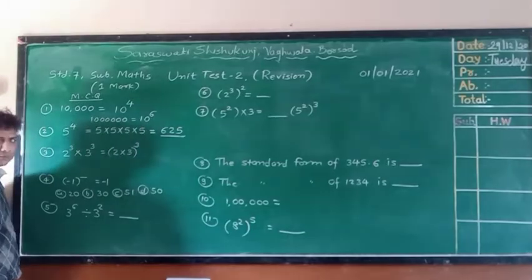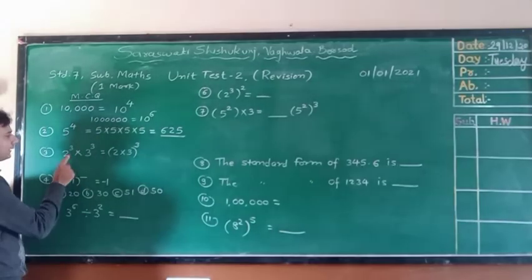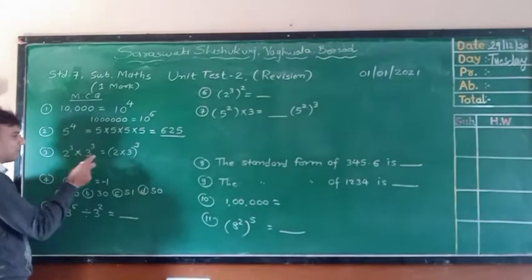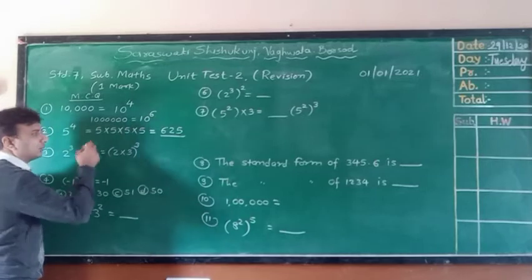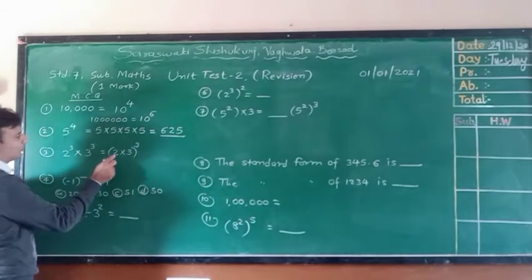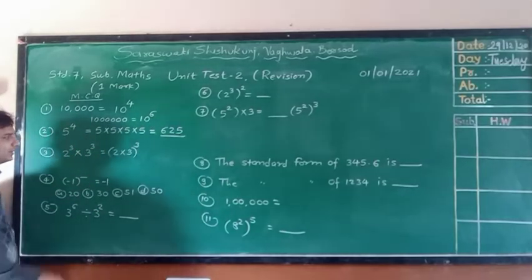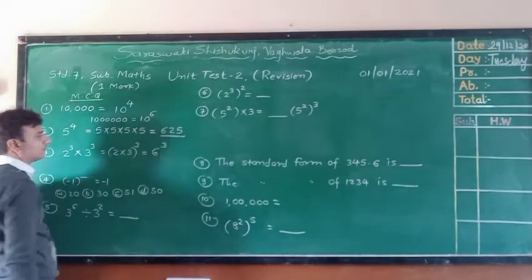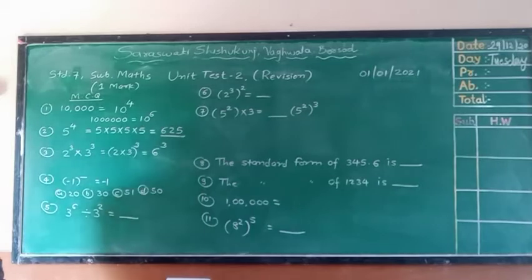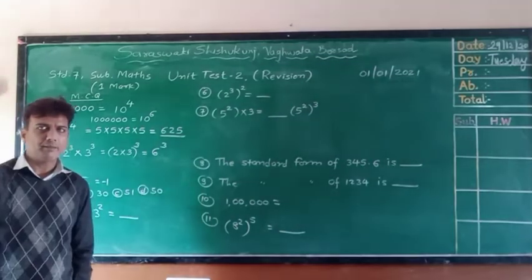So we have to take out the power as common. 2 multiply 3, and the whole raised to 3. 3 twos are 6. So the answer is 6. Clear, beta?